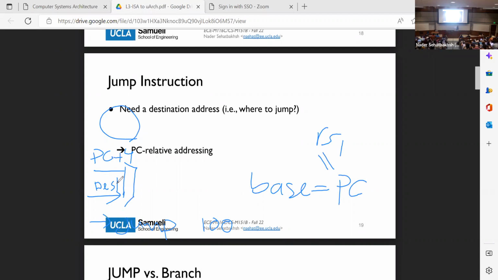The question is whether the PC gets updated after the jump. For now, think about it instruction by instruction, where things happen simultaneously for each instruction, which means that if I have a jump, the next instruction already has the updated PC. In reality, this happens over multiple clock cycles.